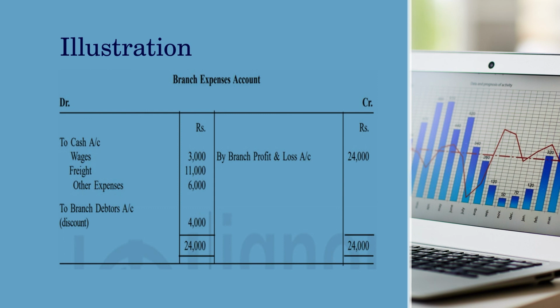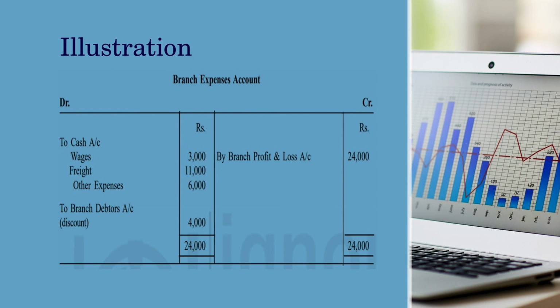Next one is the branch expenses account. So to cash, for wages 3,000, freight 11,000, other expenses 6,000. So it is 20,000. It might be given in the question. Yes, 20,000 is given. And then to branch debtors, this discount 4,000 is also given.